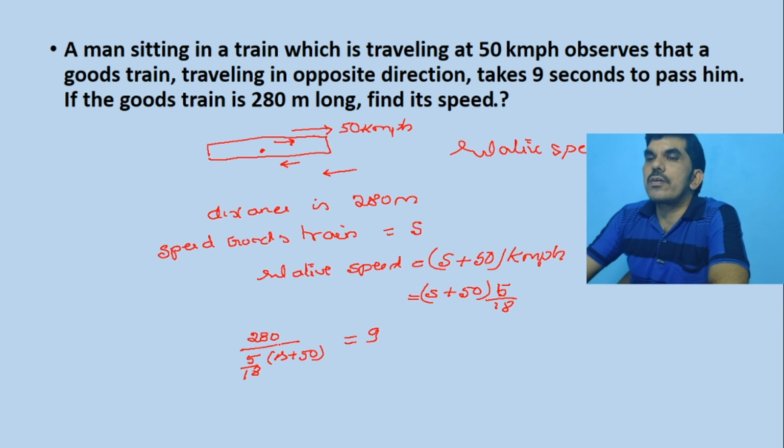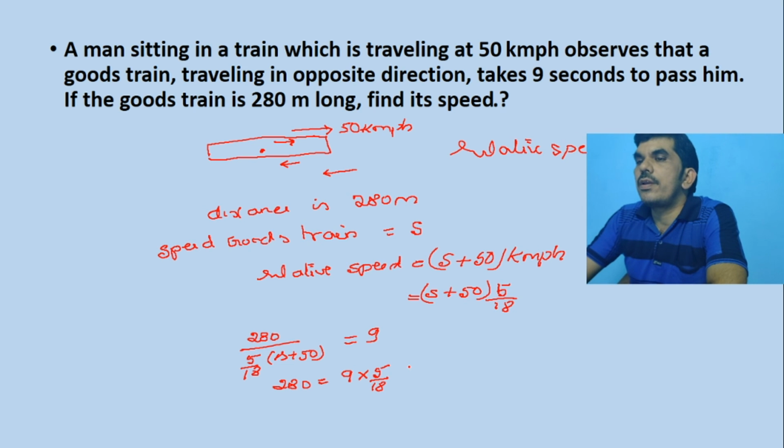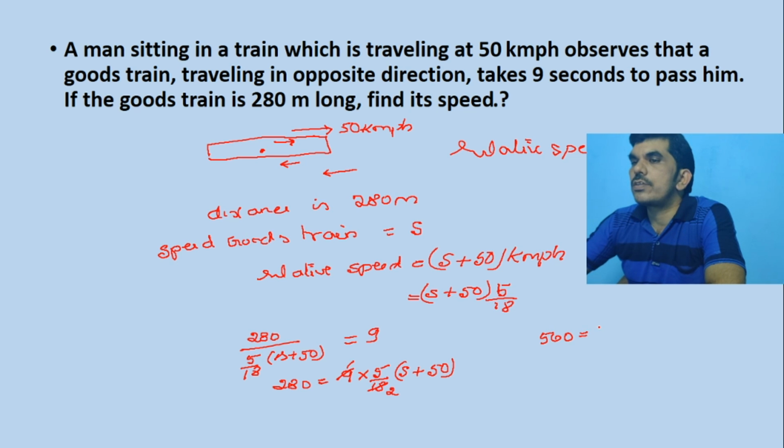So if I take it to the other side, 280 equals 9 into 5 by 18 into (S plus 50). So 9 ones are 9, 9 twos are 18. What happens in this equation? 280 into 2, 560 equals 5S plus 250.